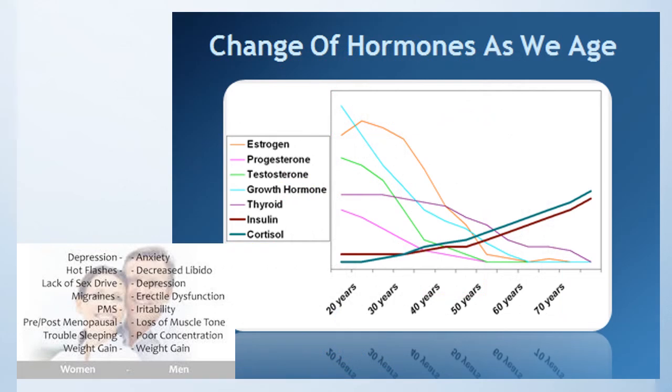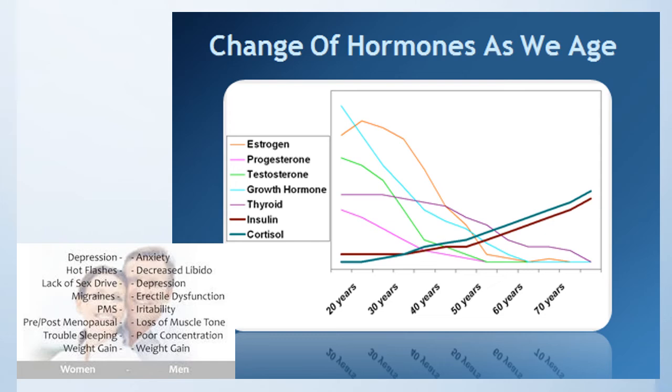Right, so what happens to the level of hormones as we age? As we grow older, sex hormone production becomes less and less. It reduces. We used to have hormones that made us happy and prevented us from feeling depressed and sad.